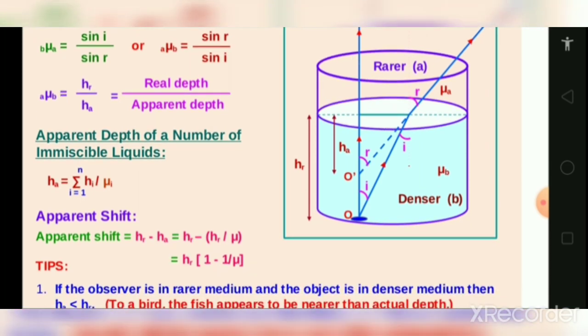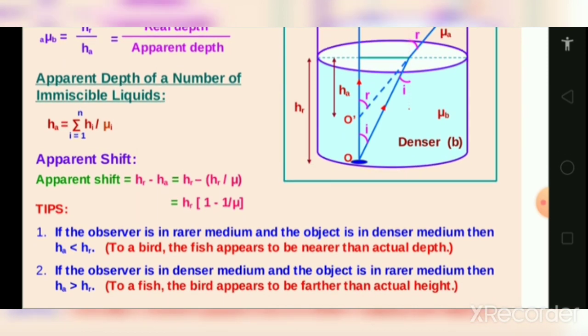Now for the apparent depth of a number of immiscible liquids, you can write HA is equal to summation of HI upon mu I. As you already know, your apparent shift is equal to HR minus HR upon mu, which can be related as H is equal to HR bracket 1 minus 1 upon mu.